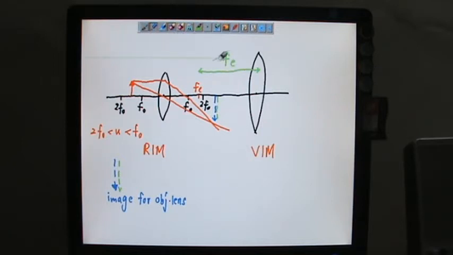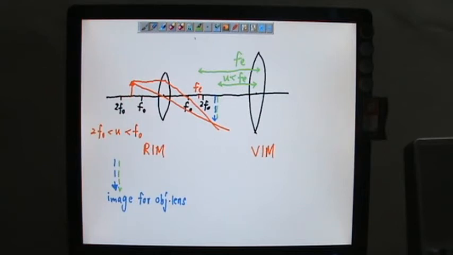When you have FE here, the image for the objective lens, the blue one, now has become the green one and become an object which is less than FE. It becomes an object less than FE. Of course this is FE, this is FE, but the distance here is actually less than FE.